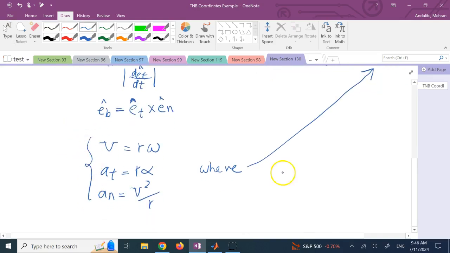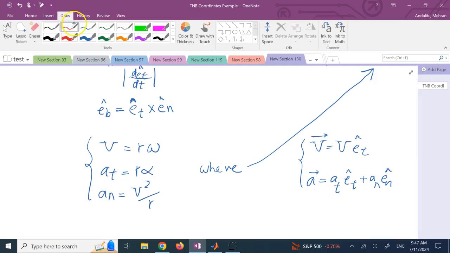And once I have that, then vector v is magnitude v in the et direction only. The velocity is only in the et direction, and acceleration is going to be at in the et direction plus an in the en direction.